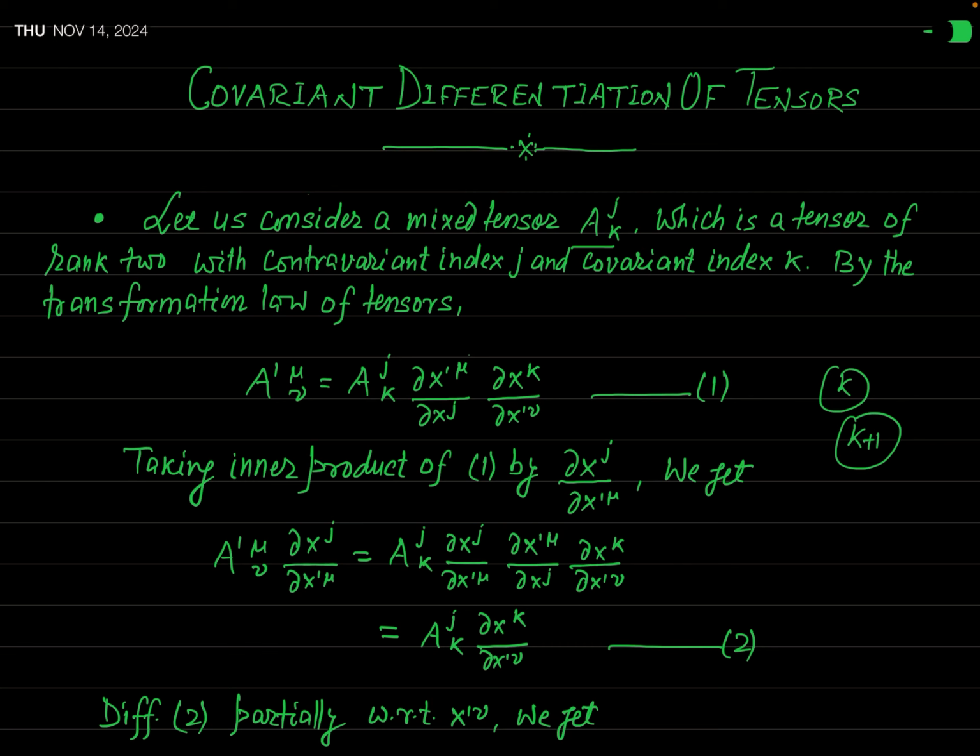And this is a tensor of rank 2. Okay. You will see when we find the covariant derivative of this tensor A^j_k, definitely the resulting tensor will be a tensor of rank 2 plus 1, that is 3. Okay. But how we can find the covariant derivative and how we can say that the resulting tensor is a tensor of rank 3, you can see now.